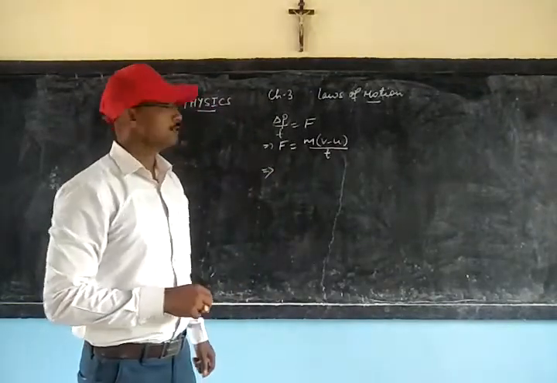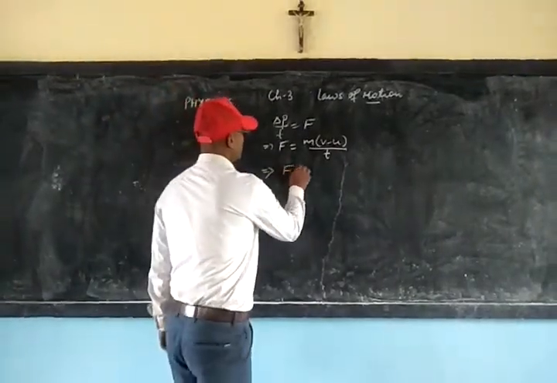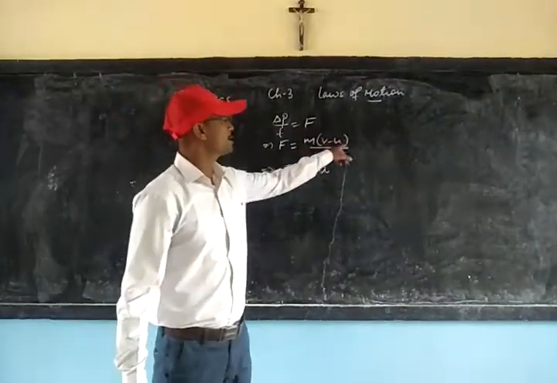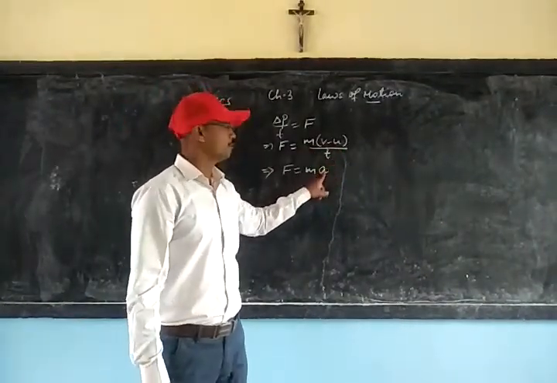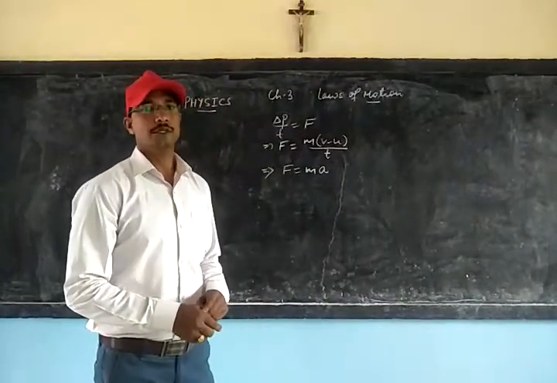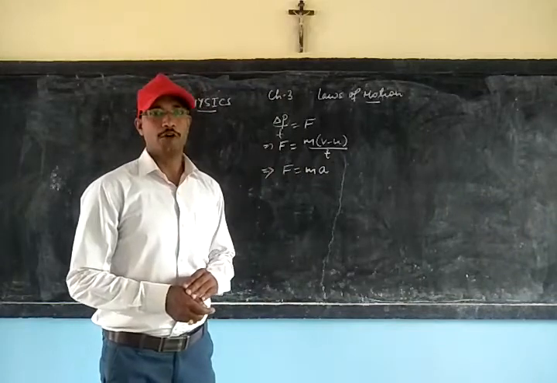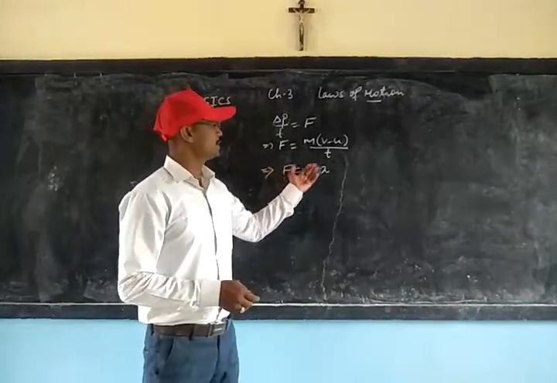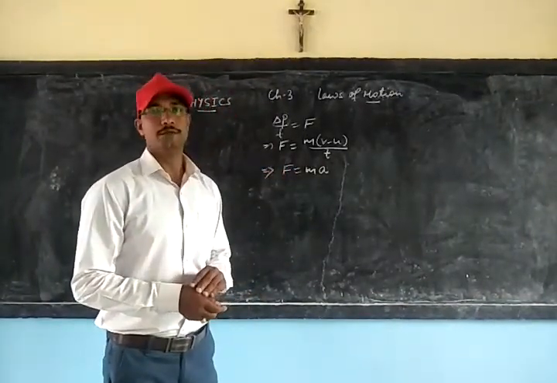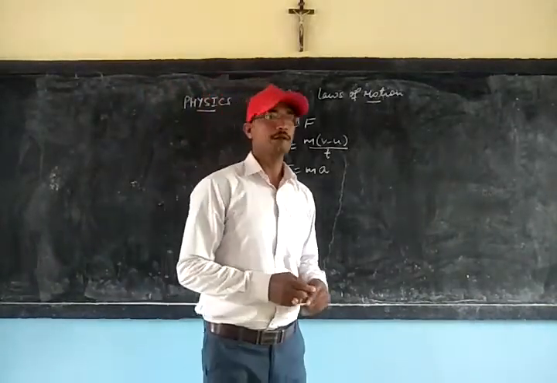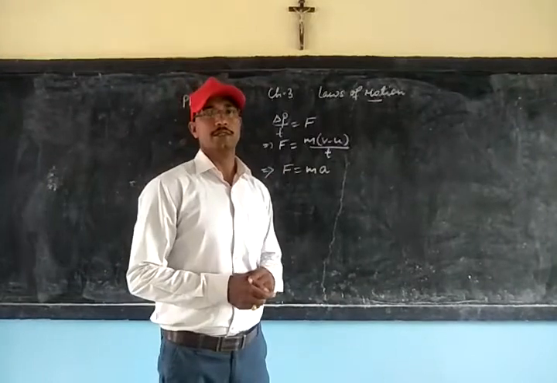Further we can write F is equal to m into a, where (v minus u) upon t is equal to a. So we got this expression of Newton's second law of motion, which is F is equal to m into a. Now we can have relationship between force, mass and acceleration.